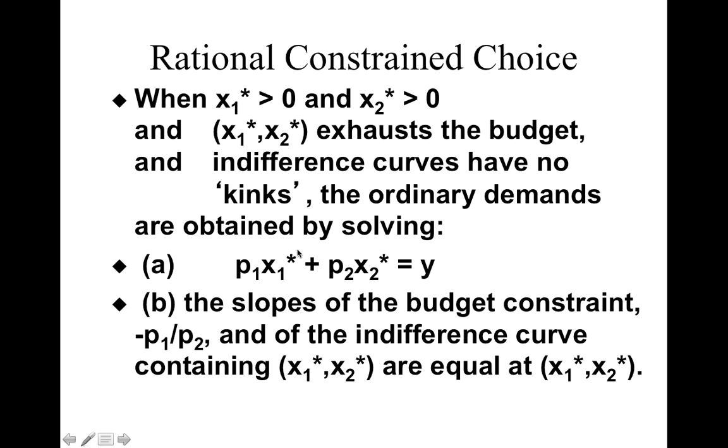One, the budget constraint, which when evaluated at the optimal bundle implies that you are exhausting all your income. And two, remember, the optimal bundle is given by the point of tangency between the indifference curve and the budget constraint, which means at the optimal point, the slopes are equal. So you take the slope of the budget constraint, which is minus P1 by P2, and equate that to the slope of the indifference curve. Once you do that, you get the optimal bundle.